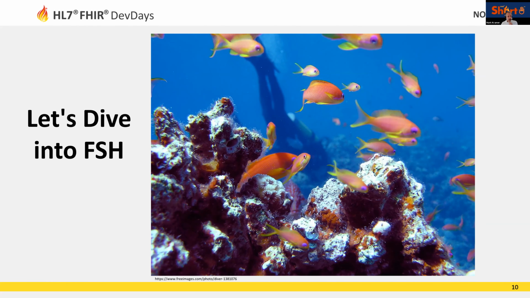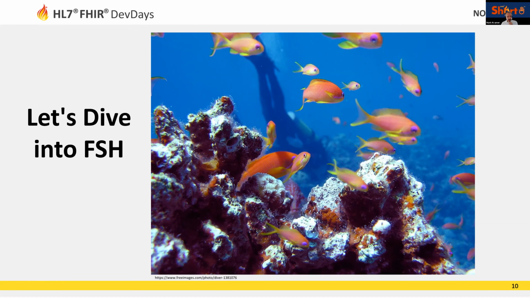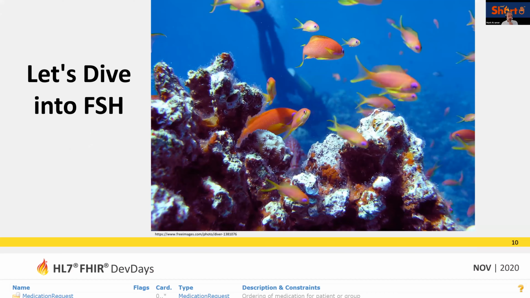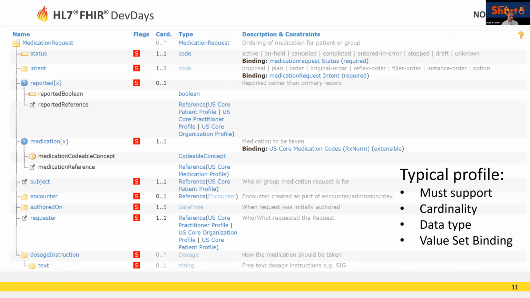I've chosen to use an example that you can also reference in other IGs. And this comes from the US Core IG, which is a fairly sophisticated IG, and this is their profile of medication request.